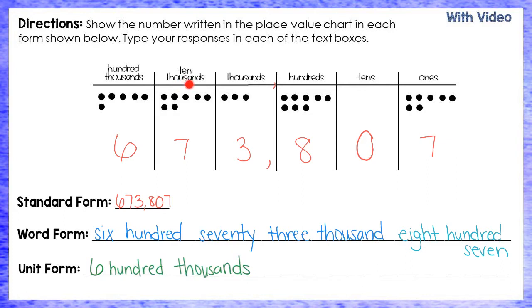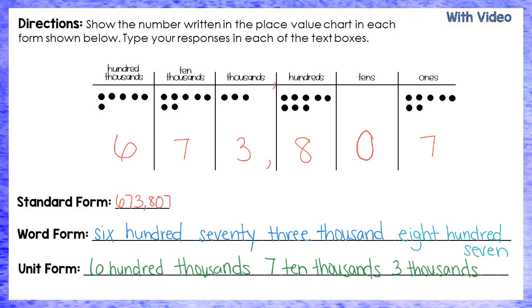In the 10,000s, we have 7. So we would write 7 10,000s. In the thousands, we have 3. So we're going to write 3 thousands. In the hundreds place, we have 8. So we have 8 hundreds.